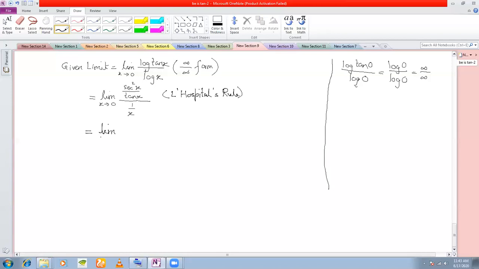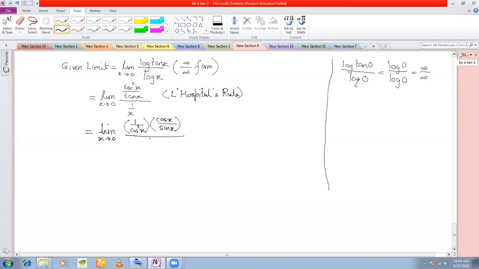In the next step, you simplify. What you do is you change sec square to 1 by cos square and change 1 by tan x to cos x by sin x. Now remember, whenever you are getting tan, sec, cosec in L'Hospital rule, always change it to sin x, cos x.